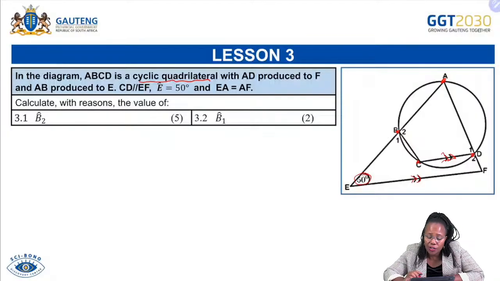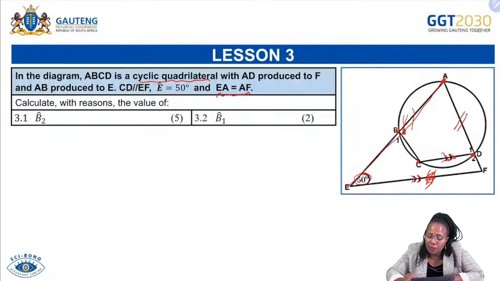And then what is not here is that EA is equal to AF. This statement is not indicated on the diagram. That means you need to indicate that EA is equal to AF, okay? EA, this side here, is equal to the AF one, not this one, grade 12, the AF.